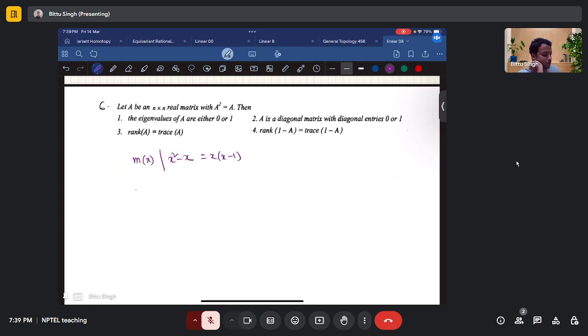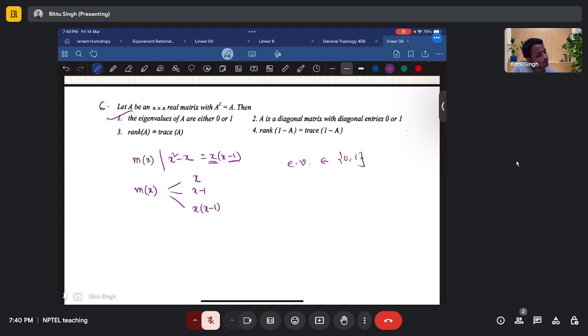Therefore, the minimal polynomial m(x) will take one of these forms: it is either x minus 1, or x times (x minus 1). The eigenvalues of A, from here it is clear, belong to either 0 or 1.